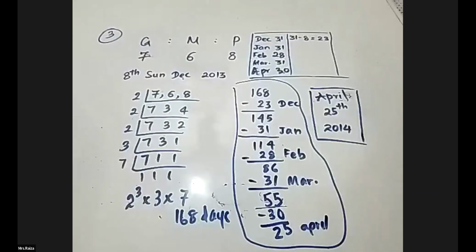The ones who are done, please write down the next topic: Finding the LCM of multiples of algebraic terms. The topic is on page number 130. This is the starting of your lesson.